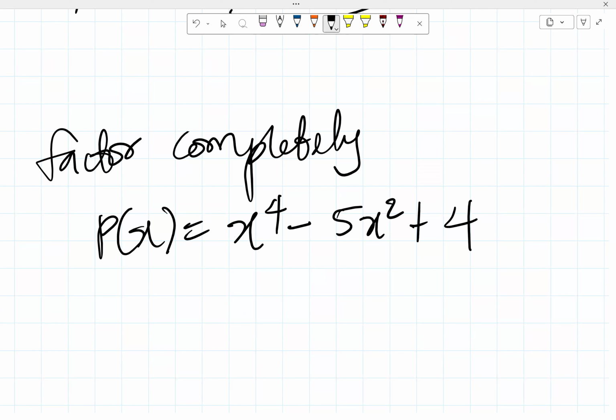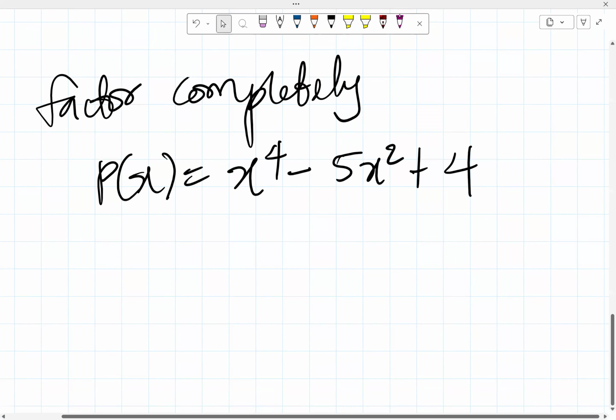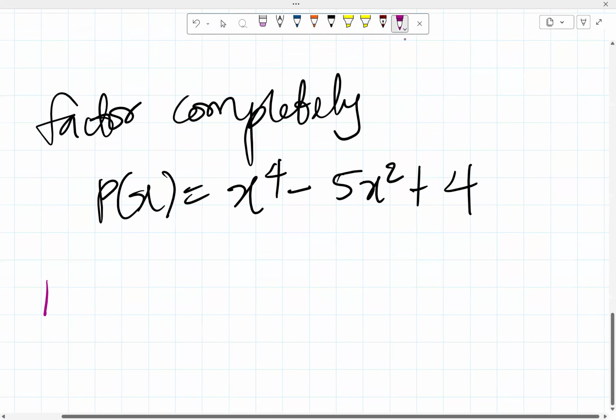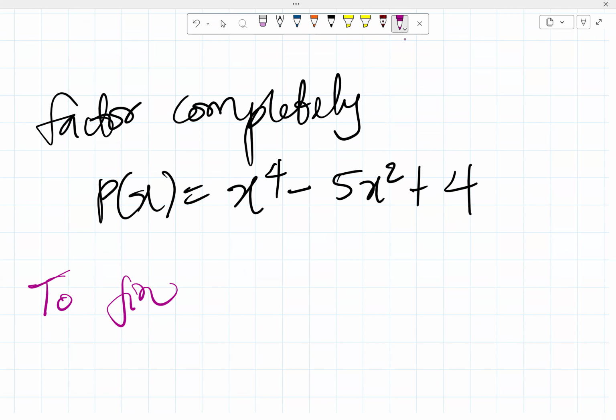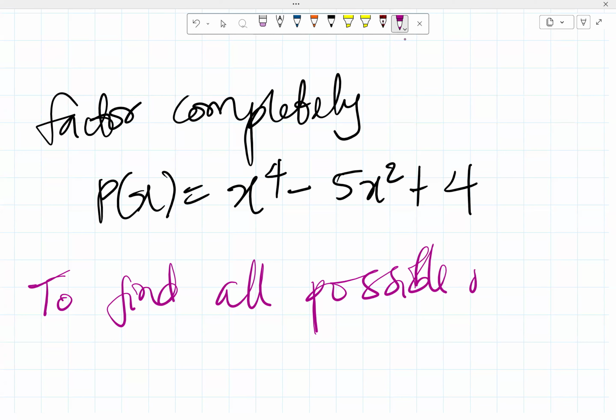The first thing I'll do is to find all possible rational roots.